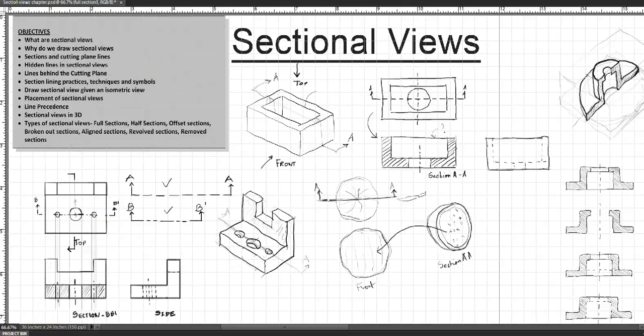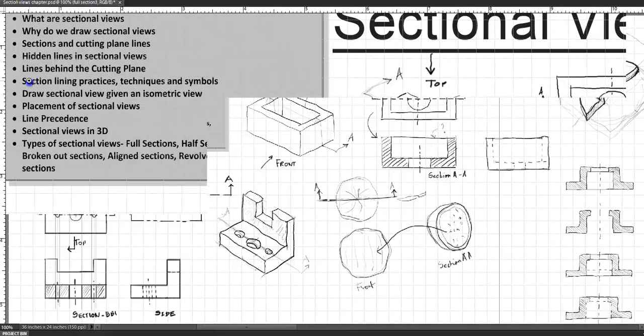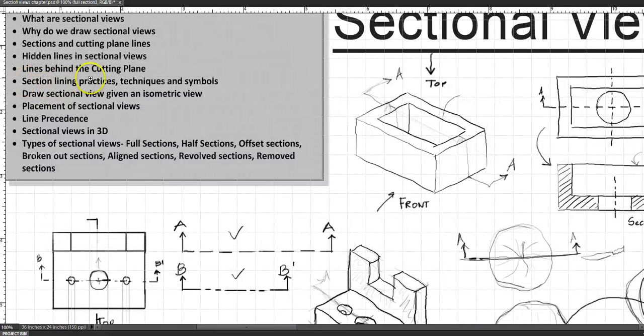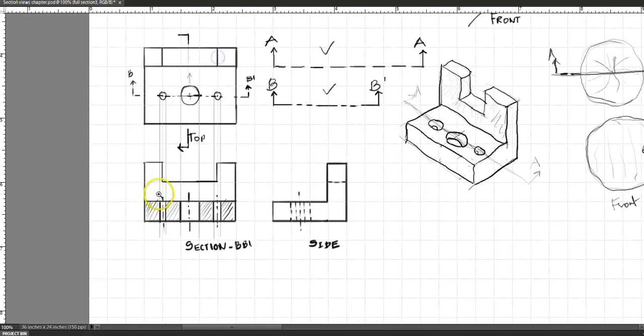The next objective we have over here is section lining practices, techniques, and symbols. If you see over here, I put a sectional line; I just hatched it. So we have to see what the different ways of hatching are, what the correct way is, and what the wrong way is.